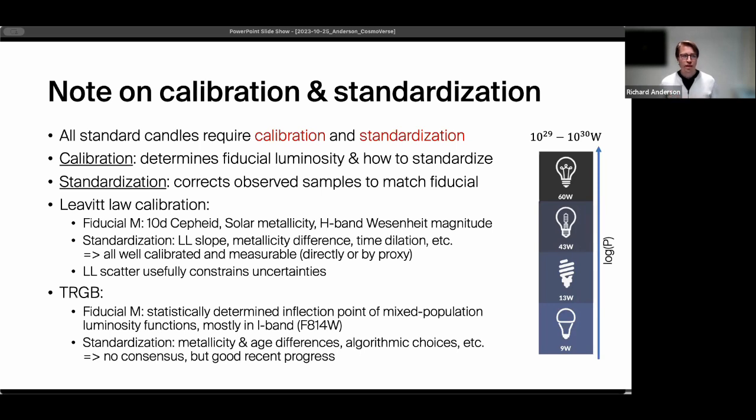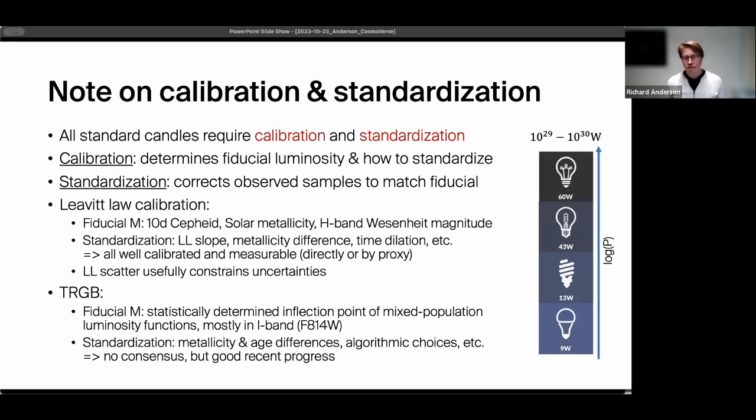Then for the TRGB, we do have a fiducial magnitude, of course, and this is a statistically determined inflection point of a luminosity function that's populated by mixed red giant branch populations. And it's mostly used in the I band because this is where systematics, for example, due to the slope of the TRGB feature in the color magnitude diagram are minimal.